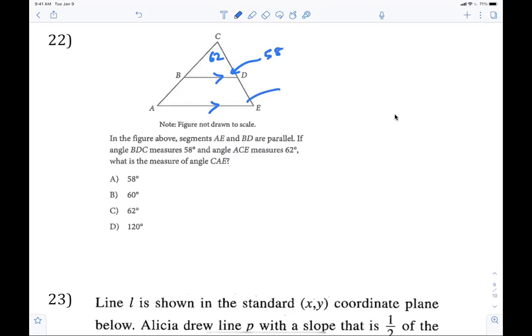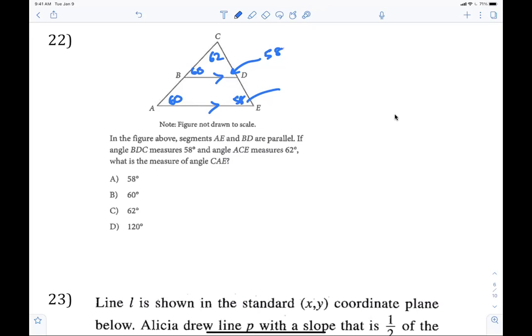Which means this guy right here is going to be what? 58, right? Because those are corresponding angles. Agreed? And then you just have to know the angles of a triangle add up to what? 180, right? Does everybody agree with me? So that means this angle down here must be what? 60, same as this, 60. All right, nice little problem there.